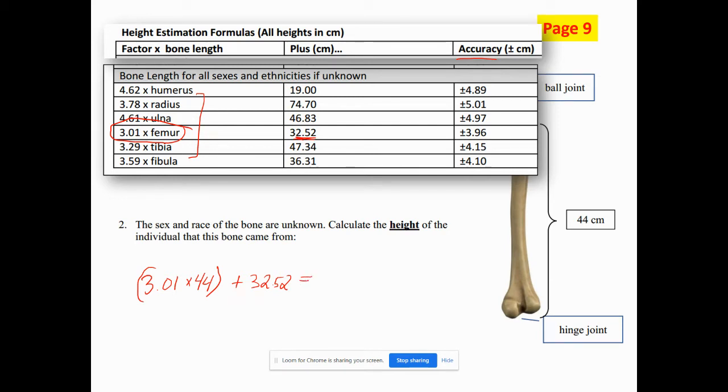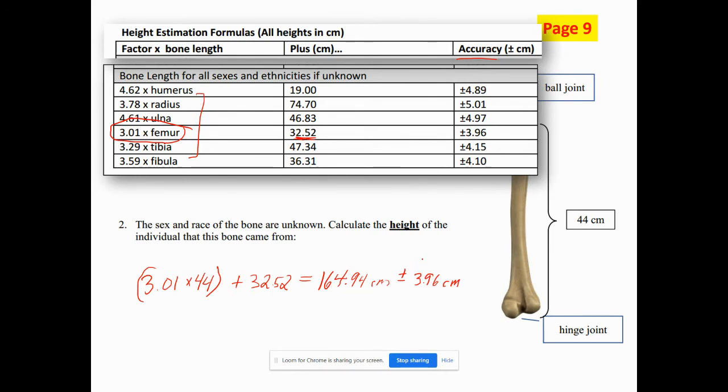Okay, now we run the numbers, and that comes out to 164.94 centimeters. But our accuracy is plus or minus 3.96 centimeters. So when this person was alive, they were somewhere between 161 and 168 centimeters high.